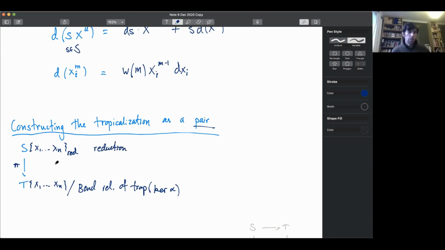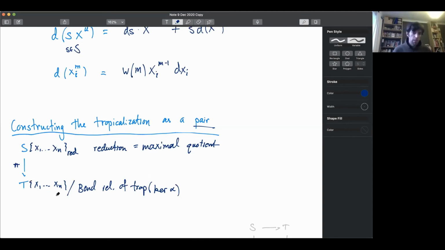And the reduction just means I take this differential semiring and I look at the maximal quotient of this differential semiring that still sits over this semiring. So this is the maximal quotient in the category of differential semirings over this non-differential semiring down here.